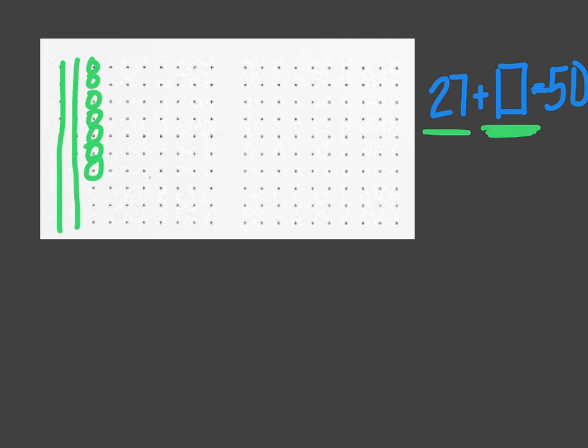Now I need to figure out how many more I need to get to 50. So here I go. I'm going to count on using my dot array. So I'm at 27, 28, 29, 30. I'm at 30, which is a 10. I need to get to 50. So I know I need all of this because that's 40 and then 50.